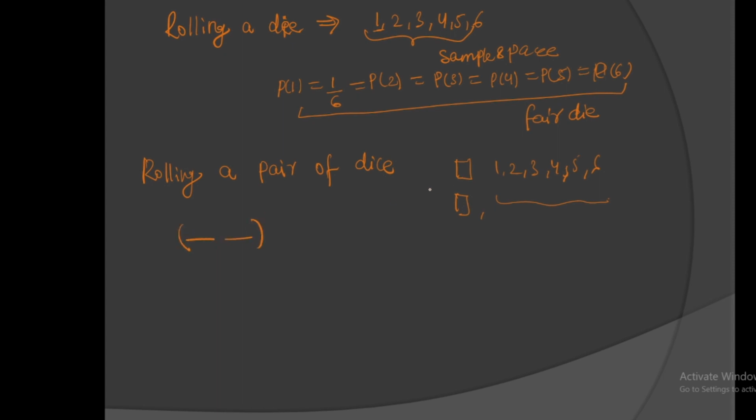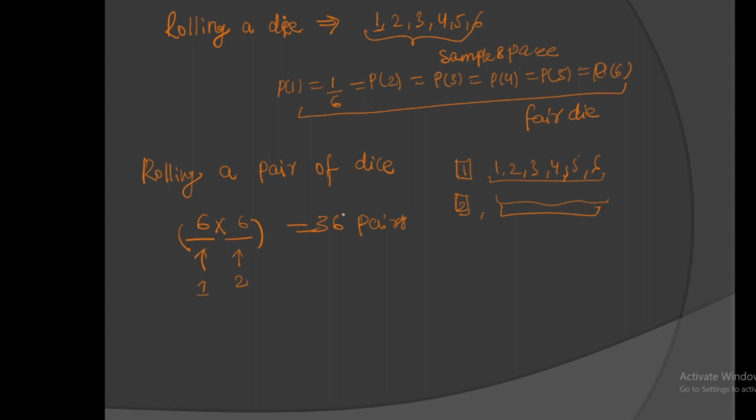When you roll two dice, you will get two numbers, right? From the first die, say dice number one, and this is dice number two. So how many total possible pairs will you get? As here it is 6, and the second number we get from the other die is also 6. So there will be a total of 36 pairs.